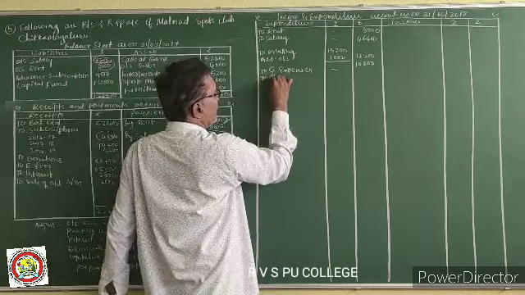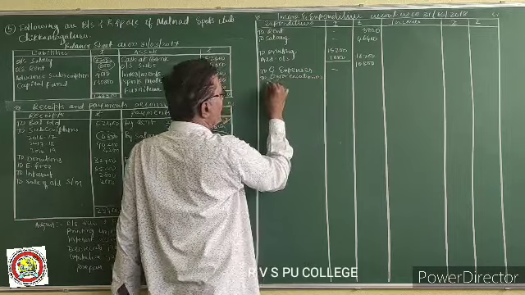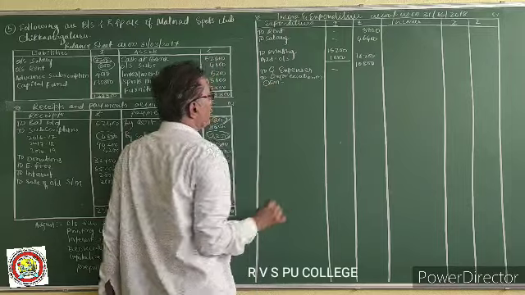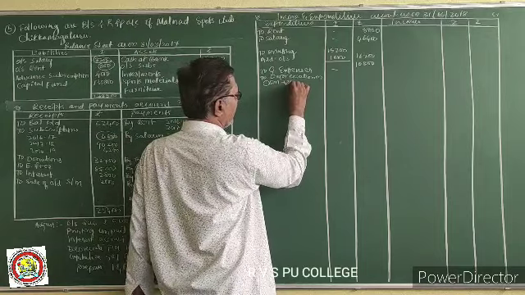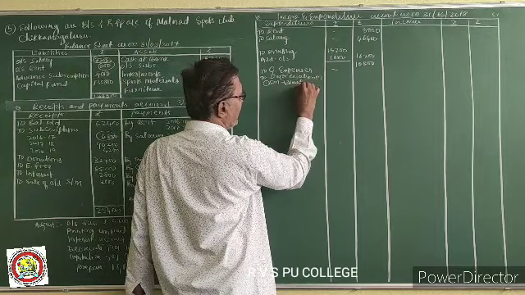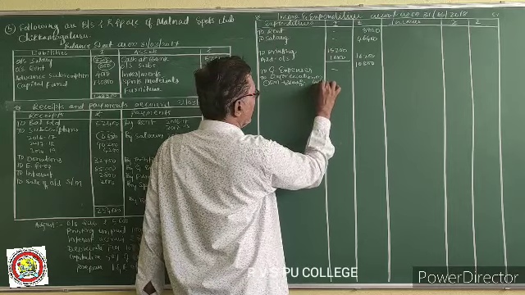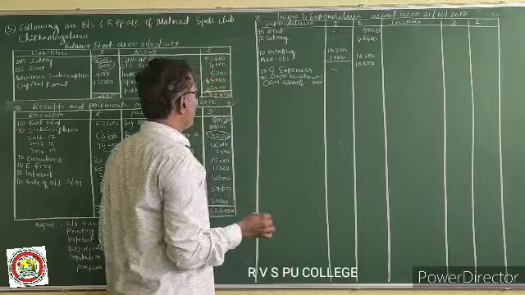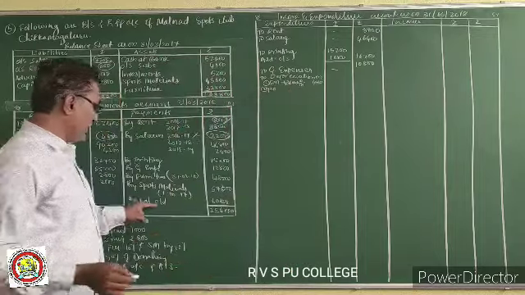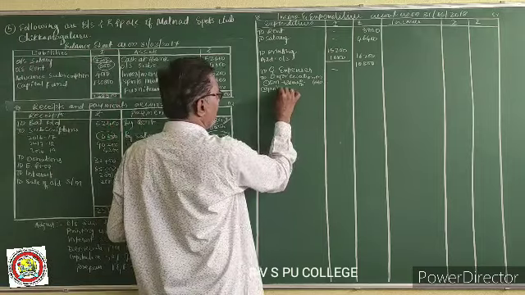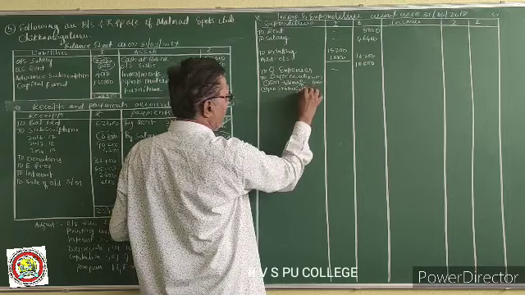To depreciation on sports materials. Say opening sports materials is 43,600. 10 by 100 is 4,360. Purchases, second one. So purchases 57,600 into 1 by 2 into 10 by 100.